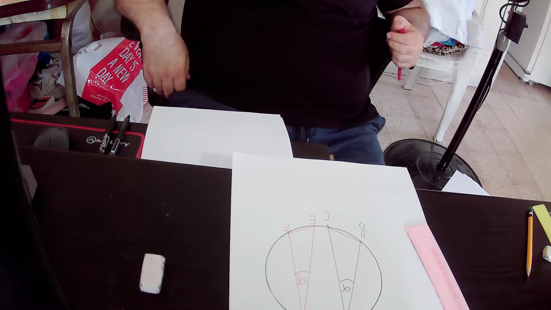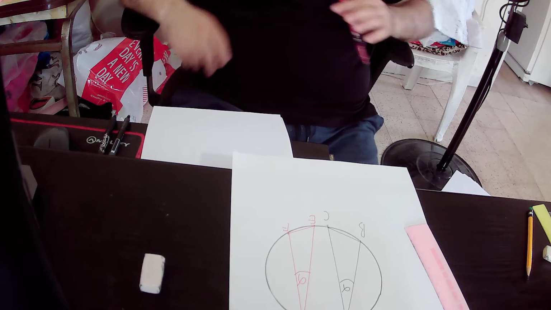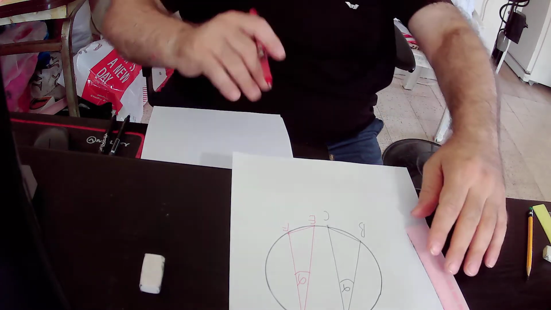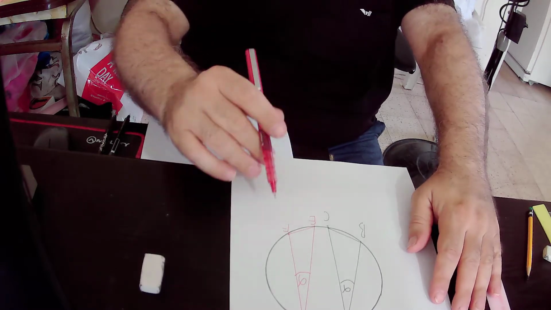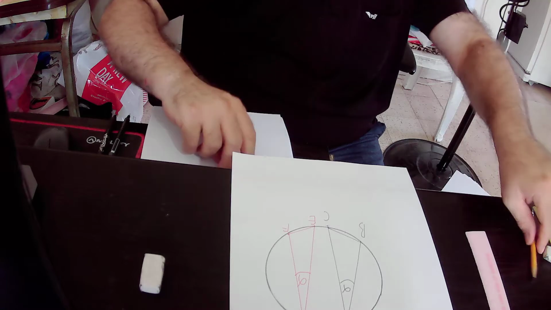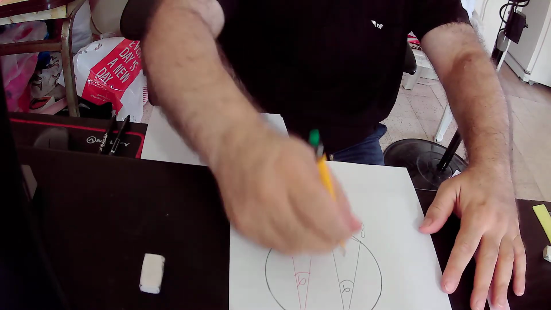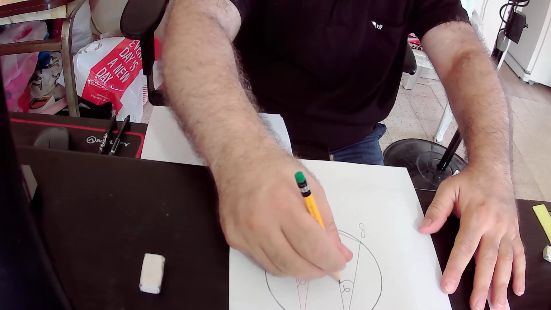As you can see from the drawing, the angle alpha in the black color rests on chord BC.